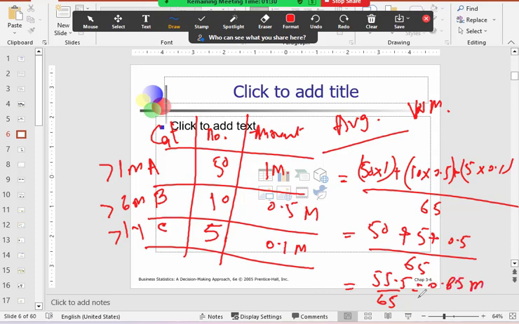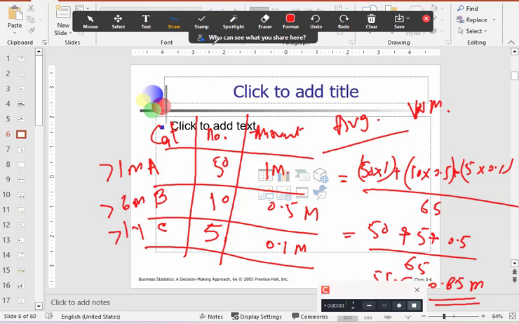So the average bad debt amount that the bank is facing is 0.85 million. So this is the way we calculated the average from the data, and you got the answer. So this was the topic about central tendency.